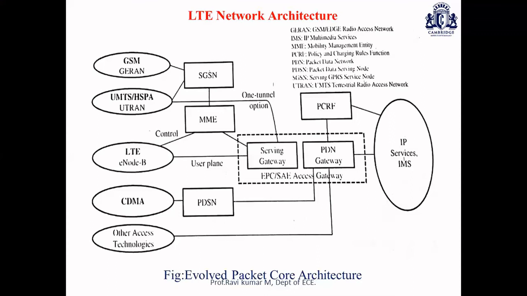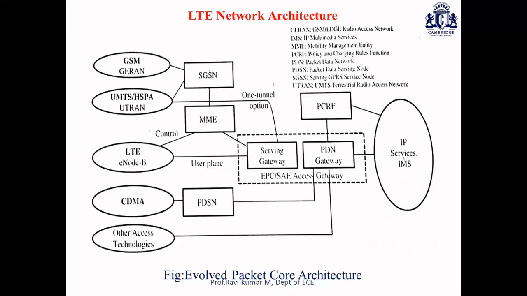The other functions of the serving gateway are packet routing and forwarding, packet marking in the uplink as well as downlink, and it also helps in inter-operator charging. It acts as a termination point towards the packet data network gateway. It acts as a termination point of the evolved packet core towards the PDNs.